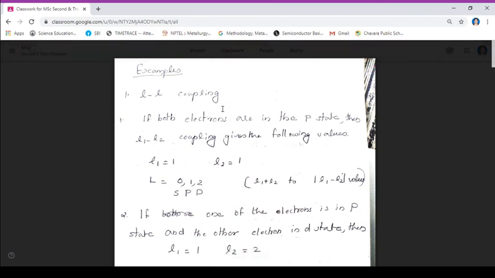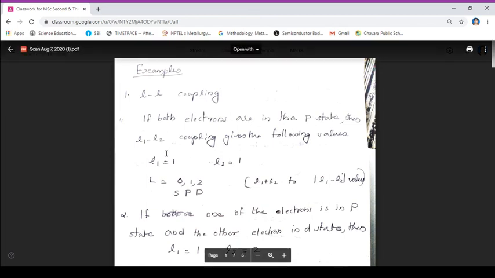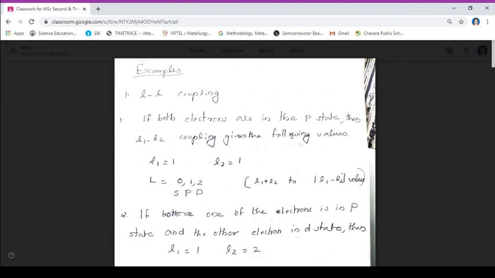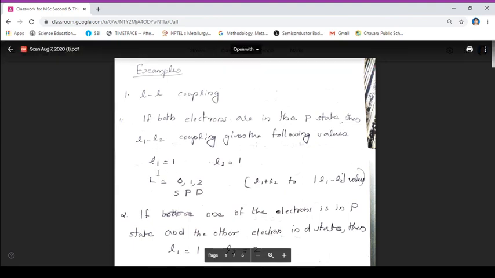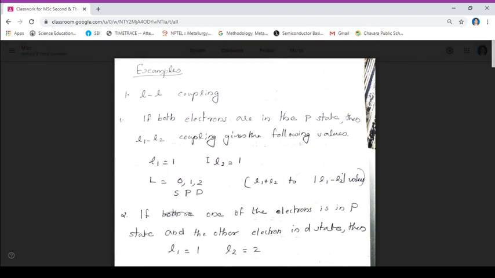Suppose you are considering an atom having 2 electrons in its valence shell, and both electrons are in the p state. Then L1, L2 coupling gives the following values. Here L1 is equal to 1 because L is 1 for a p electron, and L2 is equal to 1 again, because both electrons are in the p state.